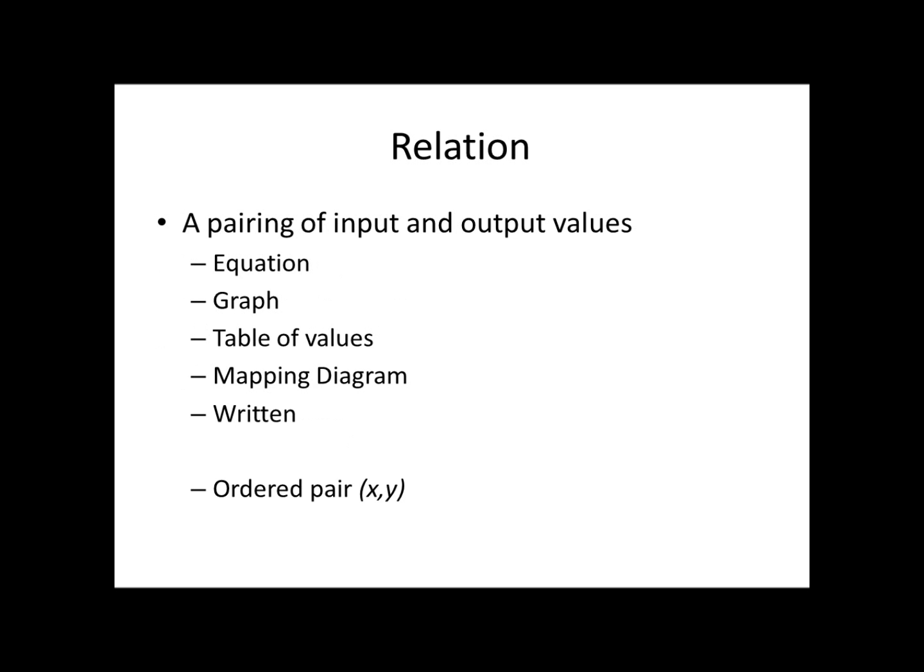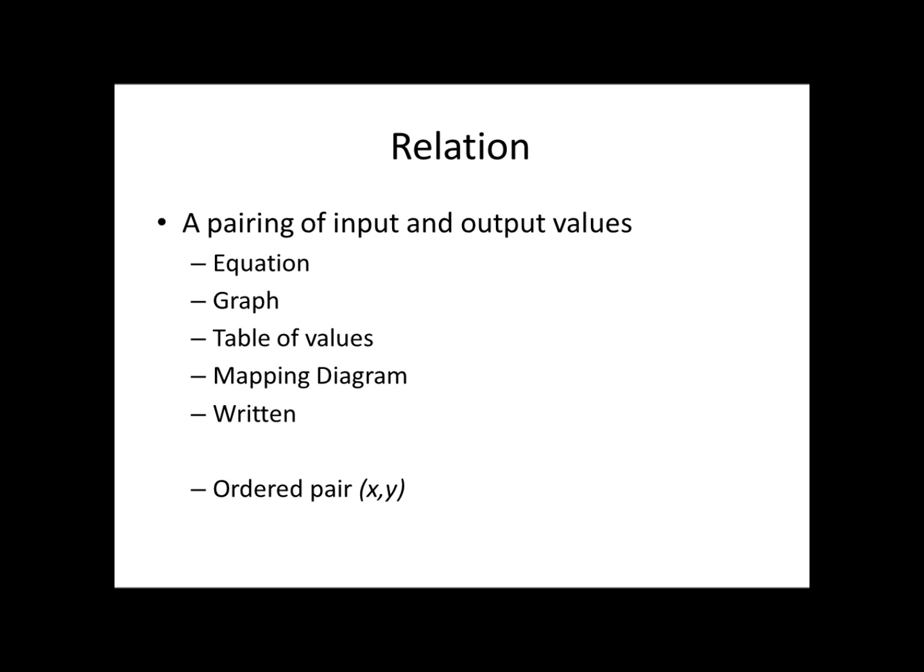Now, a relation, put very succinctly, is a pairing of input and output values. Now, that pairing can be expressed in a lot of different ways. We could use an equation, something like y equals 2x. That's a relation. If I plug in an x value, I get out a y value. We could use a graph, because we can read off points on that graph.